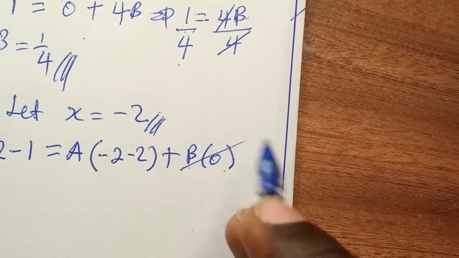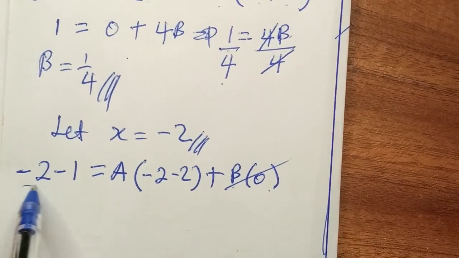So this one will just go off because B times 0 is 0, and we are just left with this.